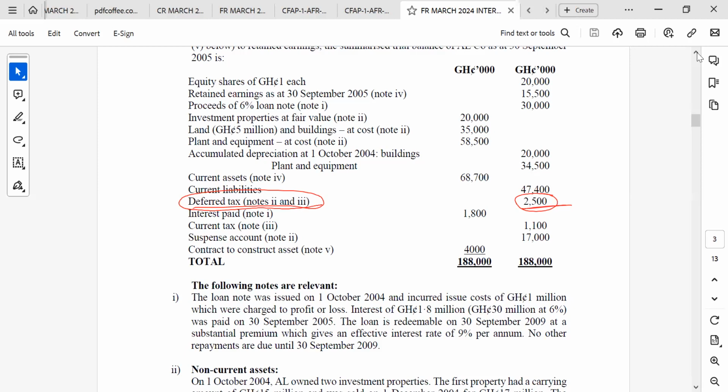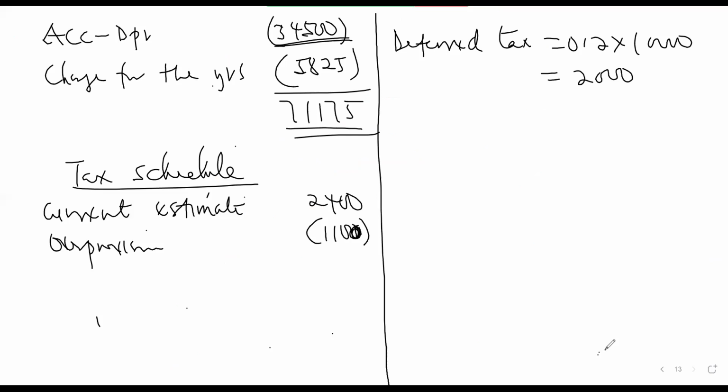We have 2,500, but now they are saying that it's 2,000. What is happening there? There's a decrease in the deferred tax. A decrease in provision is what? Is it an expense or an income? It's an income. So you come here, deferred tax is adjusted.